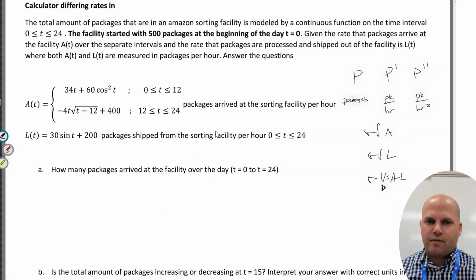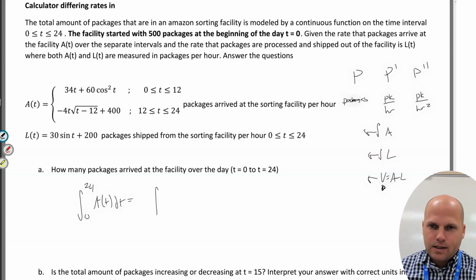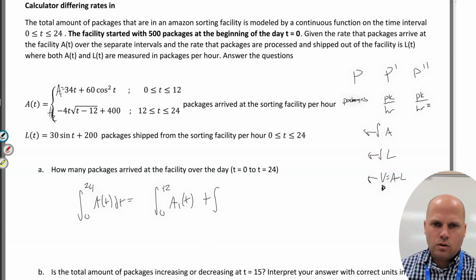How many packages arrive at the facility? So I actually want to accumulate A from 0 to 24, but I can't do that. I have to accumulate A1 from 0 to 12, and I have to accumulate A2 from 12 to 24.